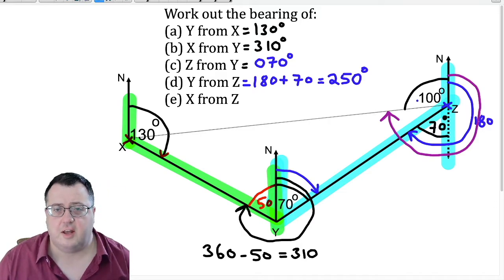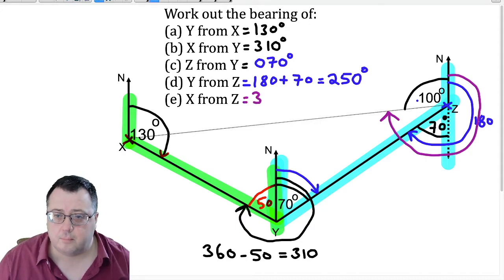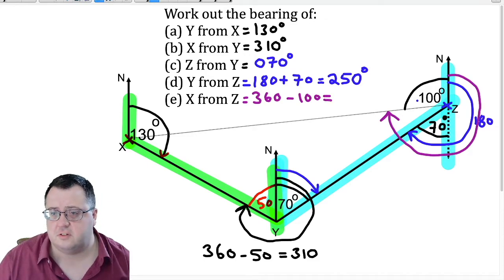So that 100 there has to be subtracted from 360, because angles around a point add up to 360, and that will give us our final answer. 360 minus 100 is 260 degrees.